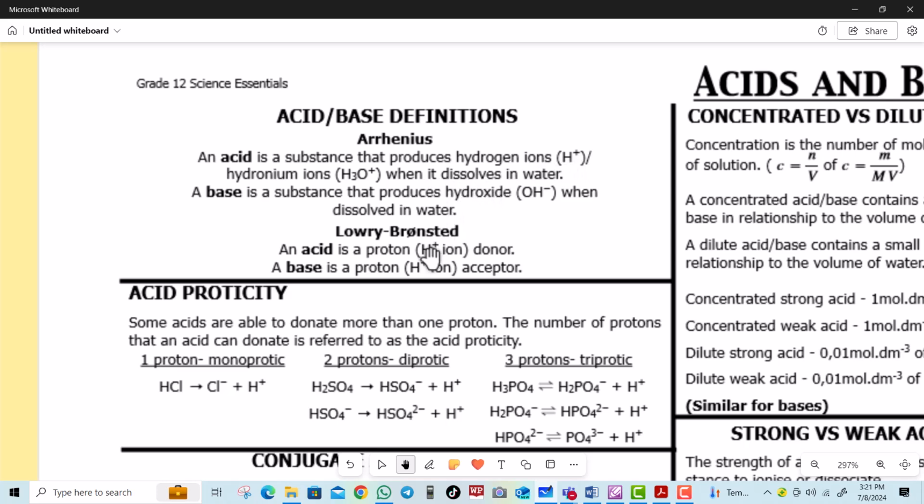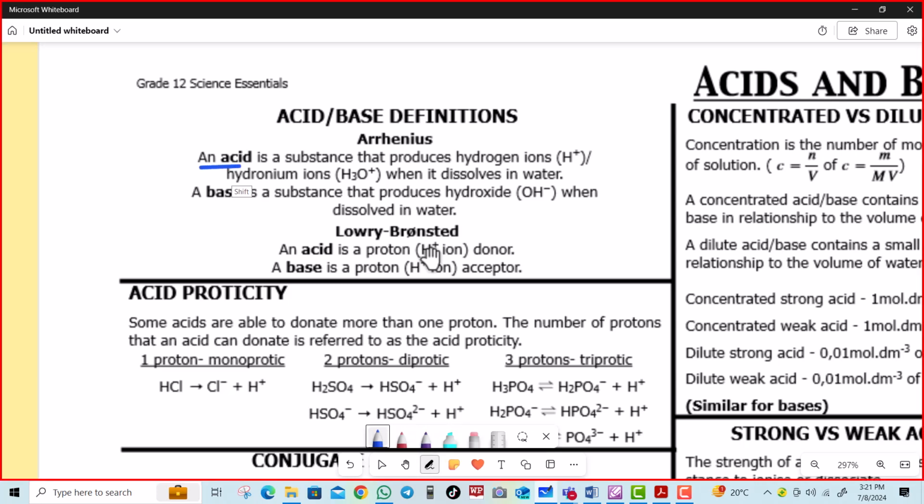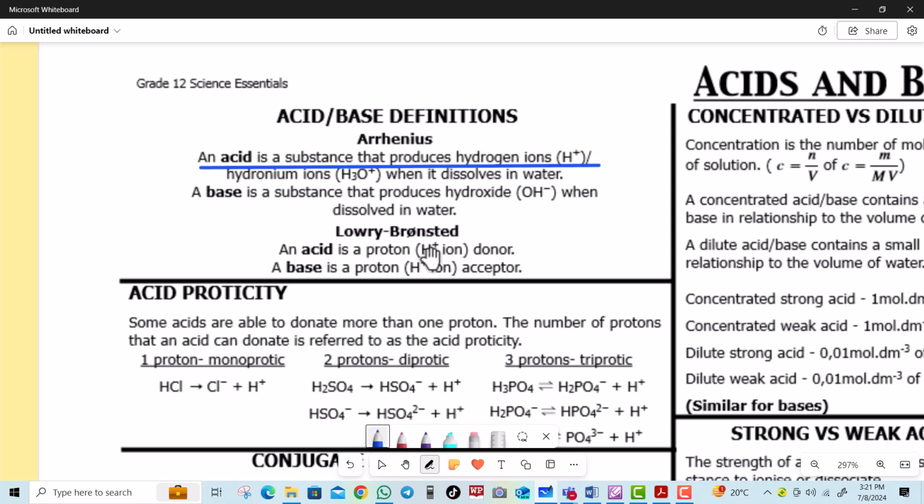I repeat, according to Arrhenius, an acid is a substance that produces hydrogen ions when dissolved in water. Let me underline it here for you.